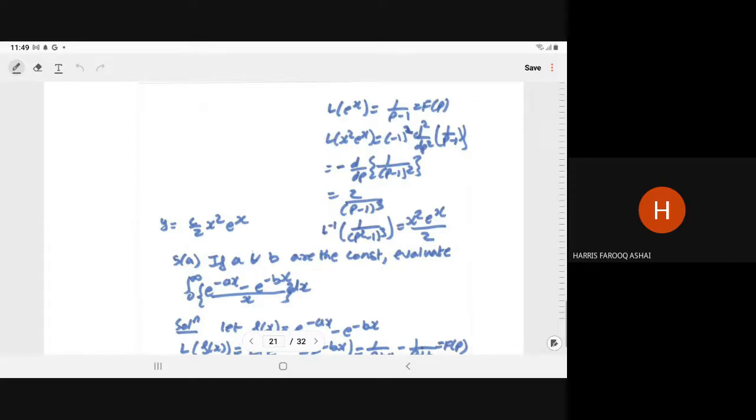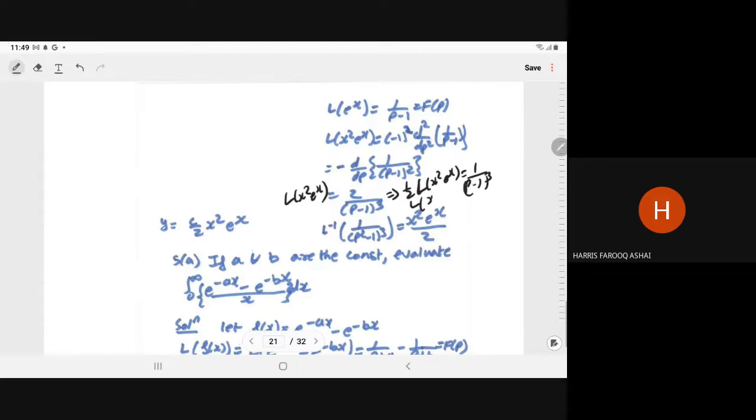So from here, L of x square e to power x is equal to 2 upon p minus 1 whole cube, and this 1 by 2 will come inside.